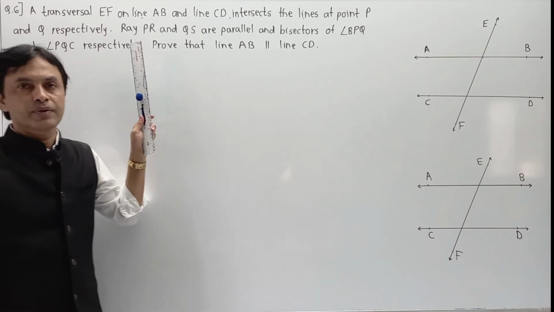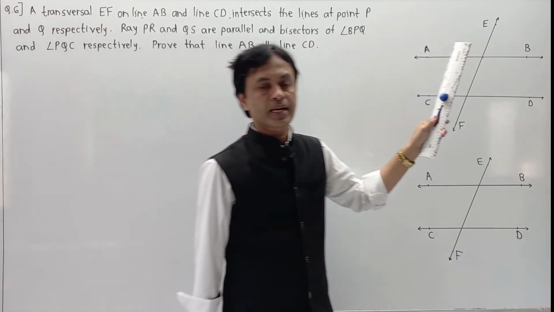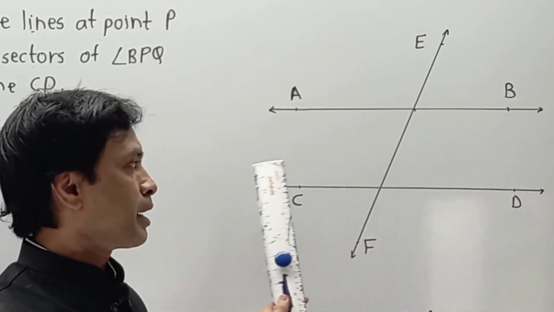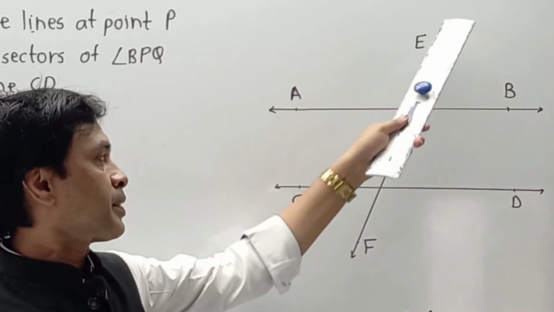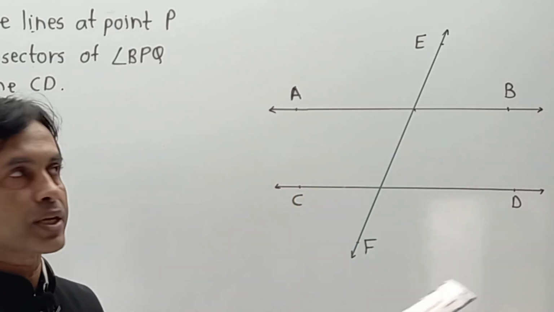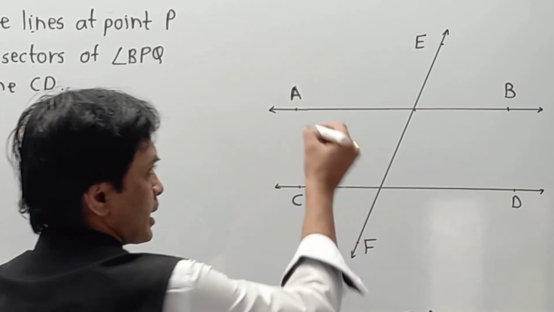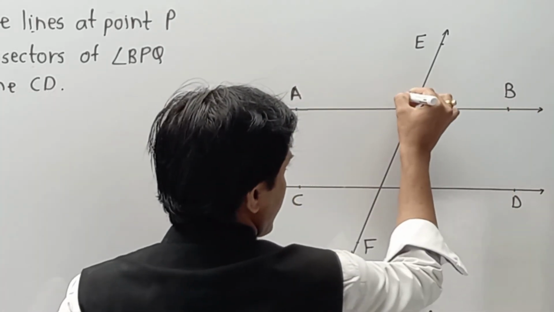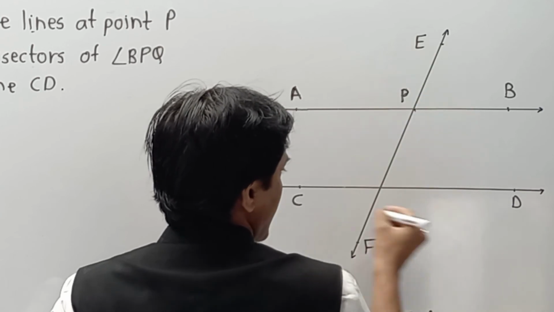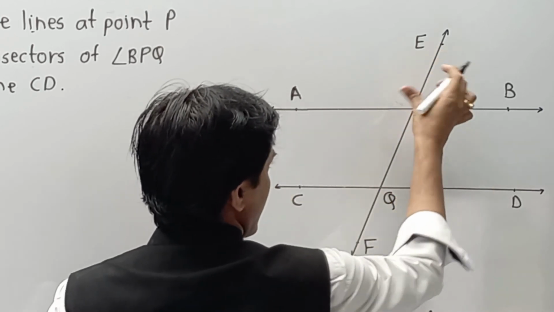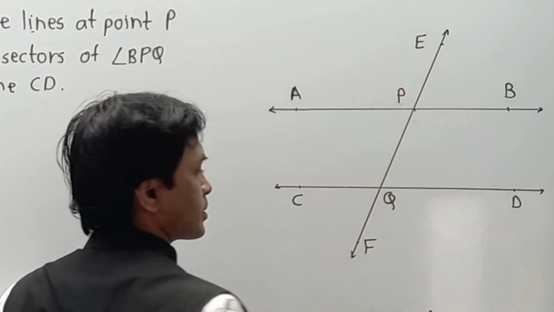Now, whatever question we have read, once again we try to understand it from the diagram's point of view. There is one line AB, there is another line CD, and EF is a transversal. When this transversal EF is drawn, it intersects line AB at point P and line CD at point Q. So P and Q are the points of intersection.